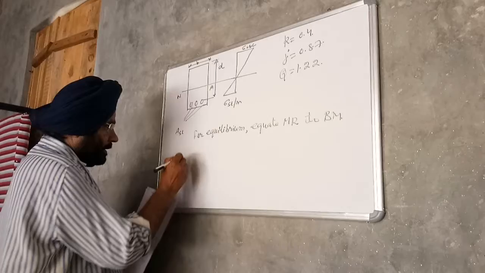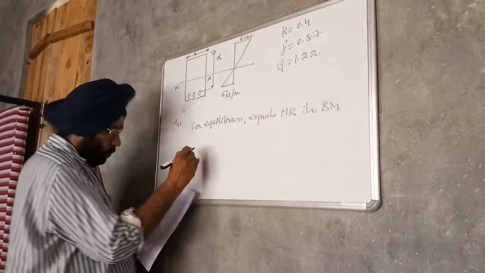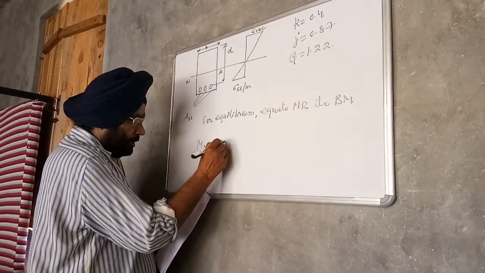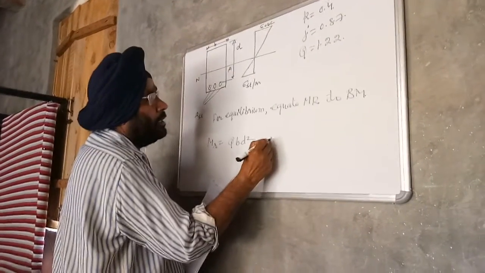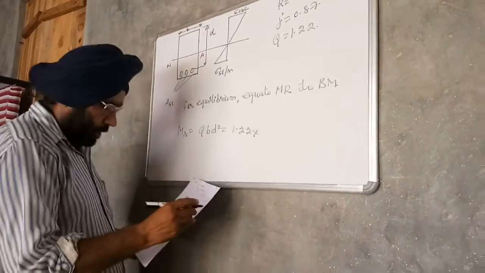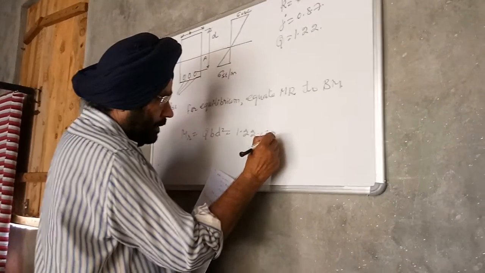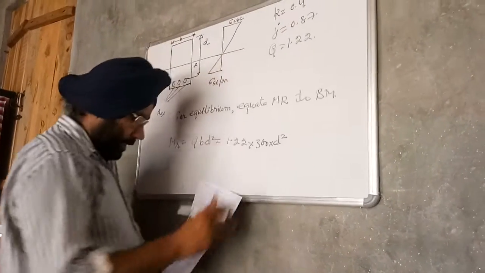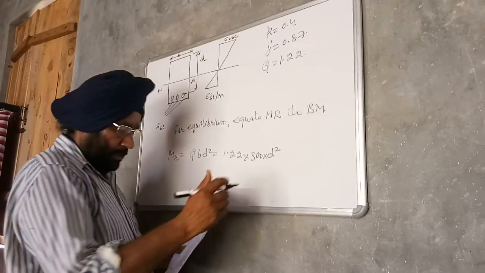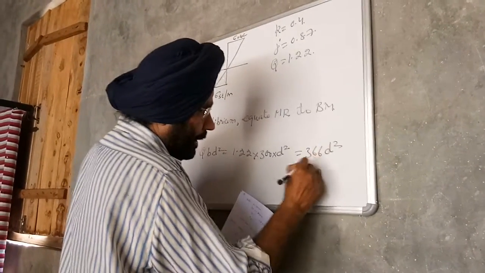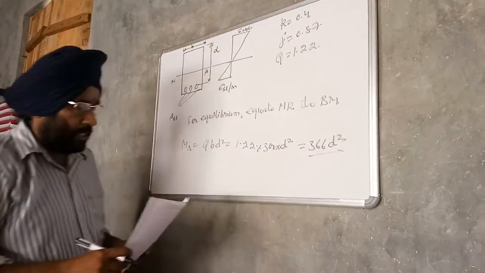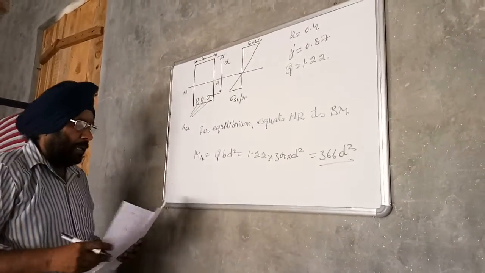So moment of resistance is equal to QBD square. The value of Q is 1.22 and width of the section is 300 into D square. So this is 366 D square.